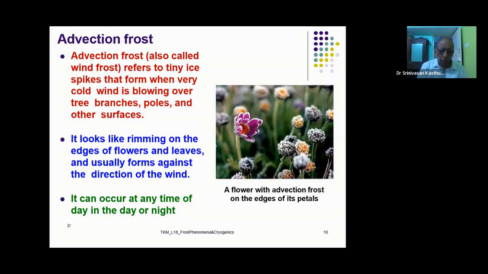So if the wind is blowing, let's say, left to right, you can see the hoarfrost occurring in the same direction. It can occur at any time of the day, maybe in the day or night. So this advection frost is quite common, especially in low temperature climates, along with the presence of wind blowing.